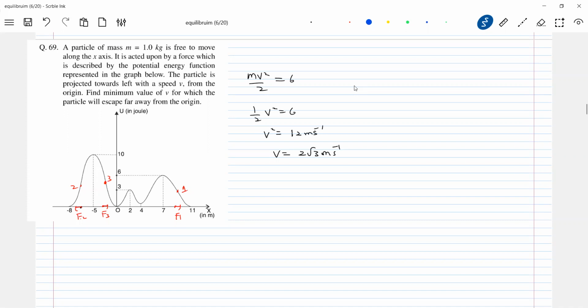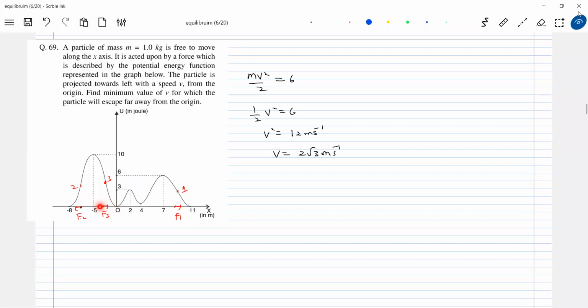Any reason for that? What will happen to the particle when you project 6 joules? It will come here, and because of the force acting it will return back again. Getting the idea? If you project towards left also with 6 joules, what happens to the particle? The particle will go till here and come to instant rest.